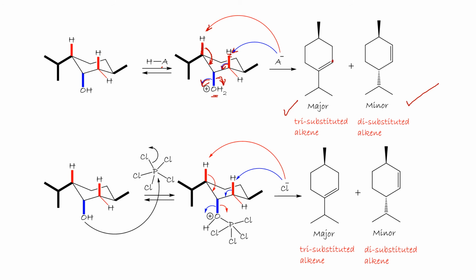This alkene is a tri-substituted alkene: 1, 2, 3. And in this case, it is a di-substituted alkene. Of course, the tri-substituted alkene is more stable than the di-substituted alkene. So we expect the menthene structure to be that one.